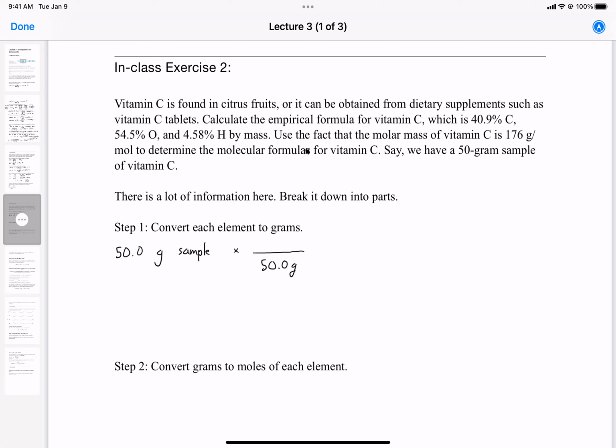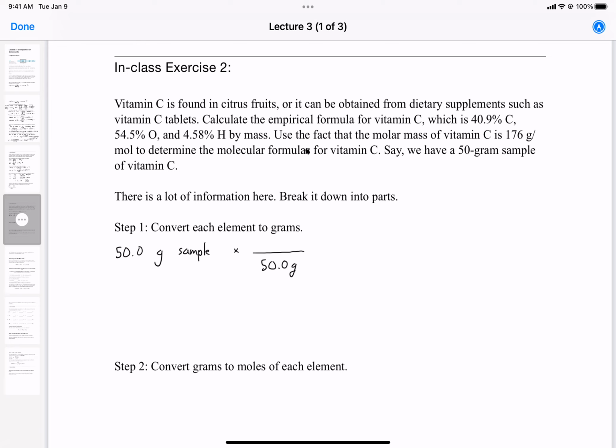To represent it as a percent, since 40.9% is out of 100, we need to divide the value by 2 to give us an equivalent fraction here. So 40.9 divided by 2 is 20.45. If we do 20.45 divided by 50, we will get 40.9 again.